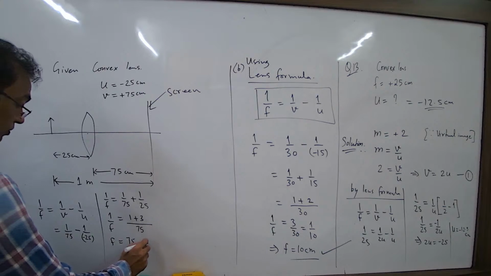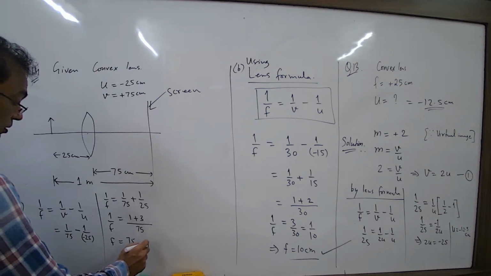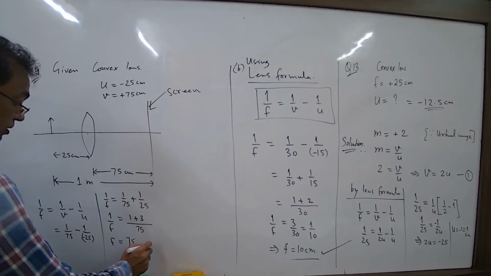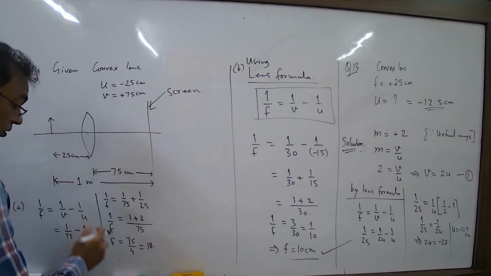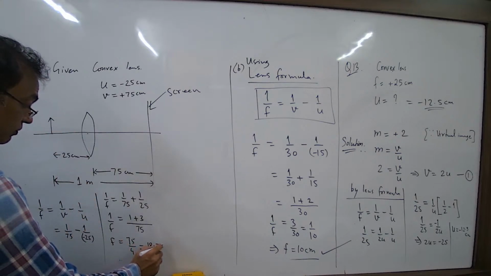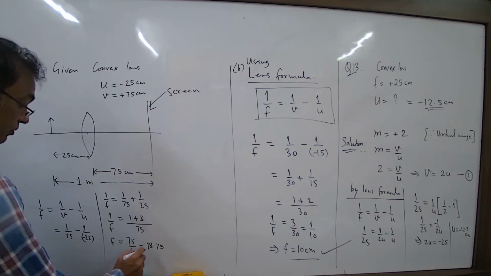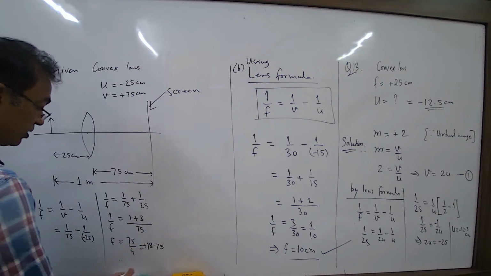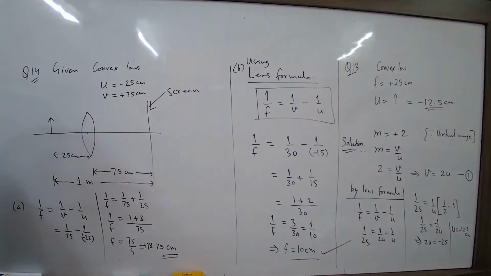How much is this? 4 sevens are 28, 4 fives are 20. Right? So 18.75 centimeters. This is the focal length.